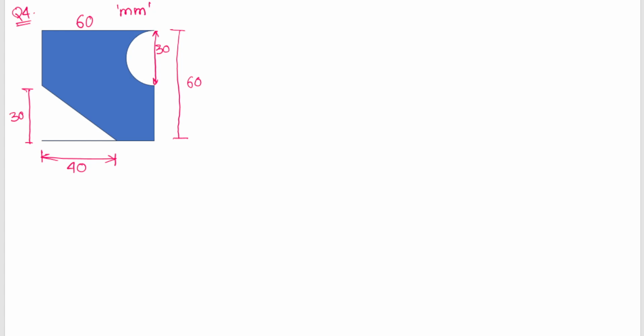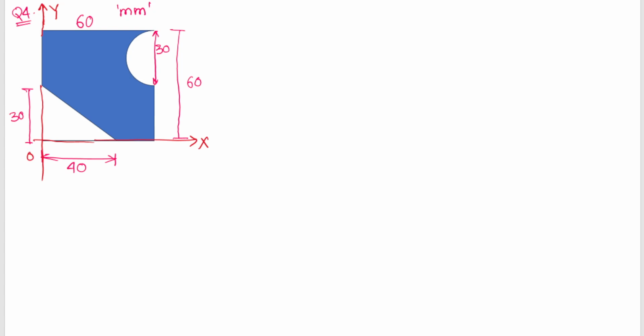So first we need to draw the reference axis. The reference axis is the extreme side. So this is my y direction, and this is my x direction starting from the axis.